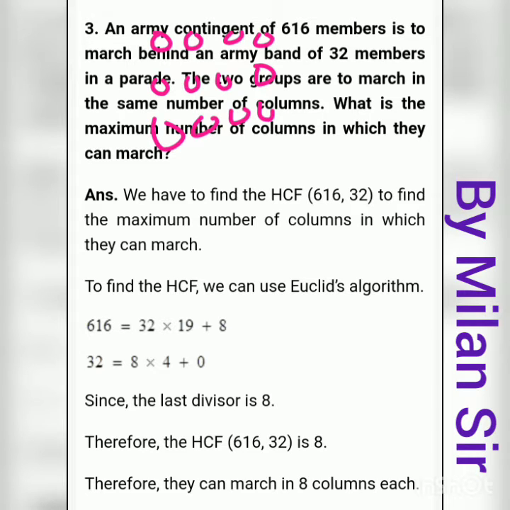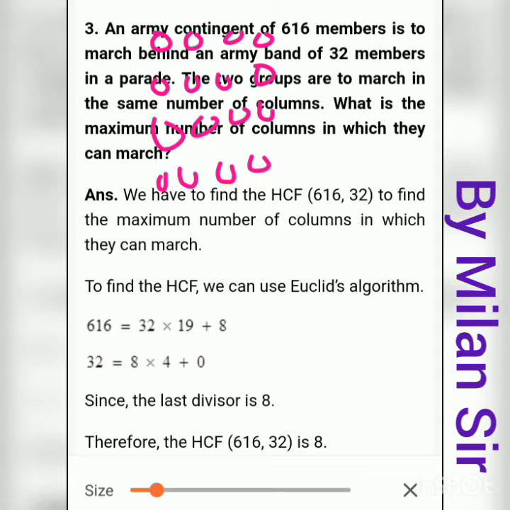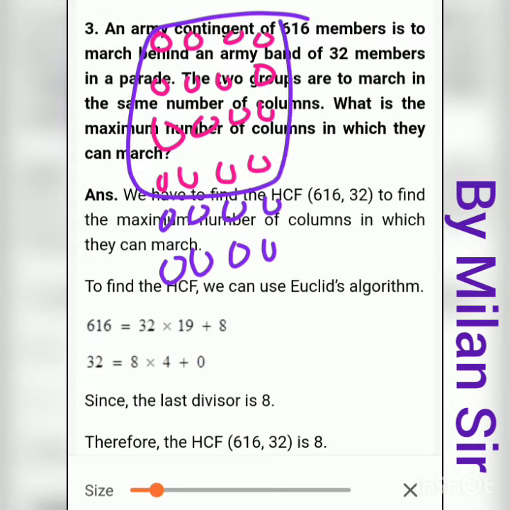This 4 is just an example, and behind it the army band, right? So the same number of columns is there for both groups, and we need to arrange it properly. That means no one person can be left and no one space can be left. We need to arrange it properly.